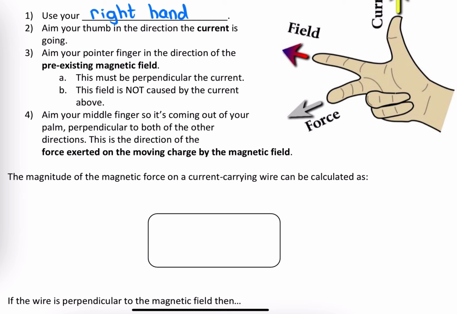So this formula looks like this. F equals ILB, and there's a little perpendicular symbol in there. So let's label some stuff here.